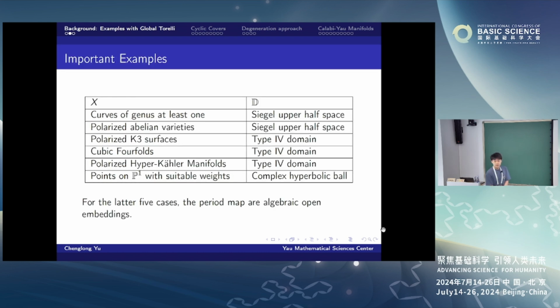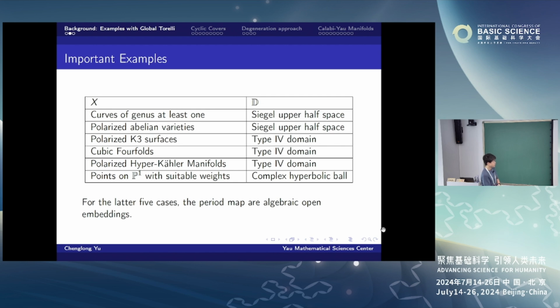So these are some important famous examples. The first one is a curve of genus greater or equal than 1. So the corresponding period domain is a Siegel upper half space. So basically you consider the H^1 of the curve and the Hodge structure there.